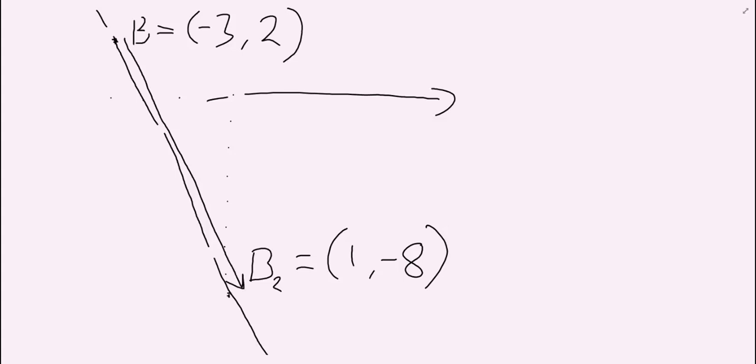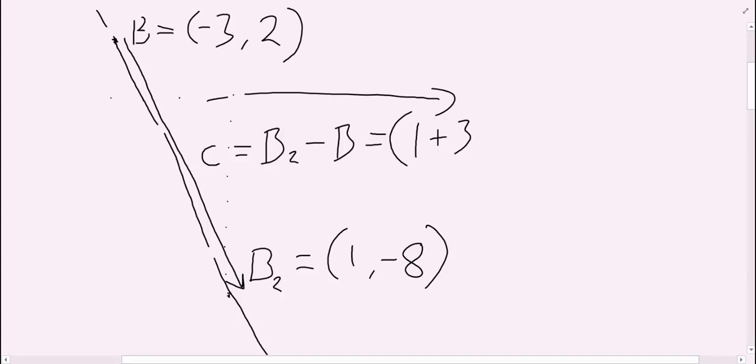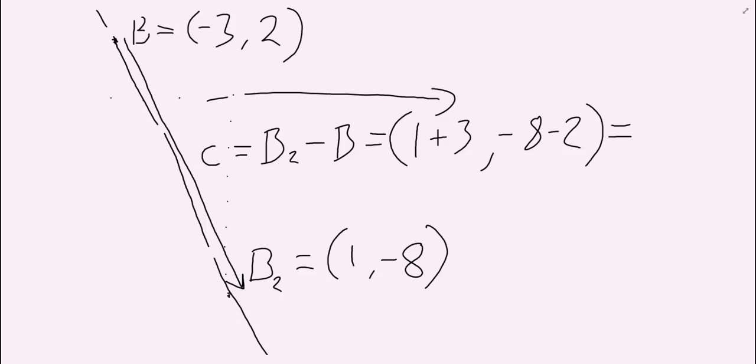We can call that the vector C, which equals B2 minus B, which equals 1 minus minus 3, which is 1 plus 3, and minus 8 minus 2. So we have 4 and minus 10. Okay, this is the vector C, which is parallel to the line.